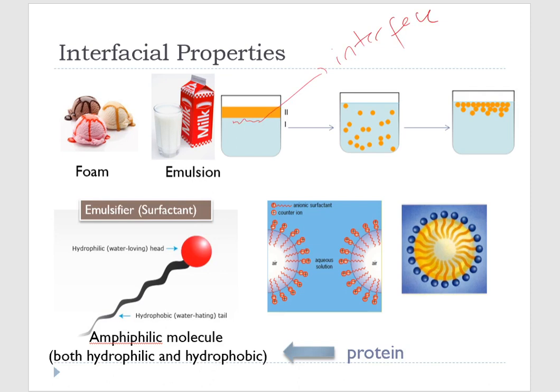This formation and stabilization of foams and emulsions requires the presence of a surfactant, okay, or an amphiphilic substance that can effectively reduce the interfacial tension between these two phases. It can be an air or oil and aqueous phases, okay?